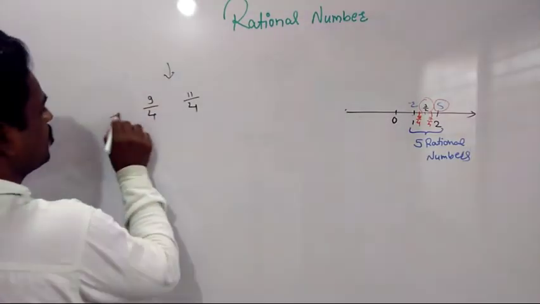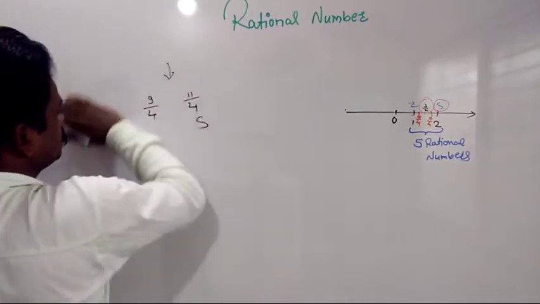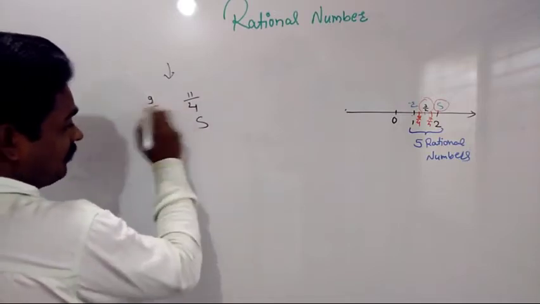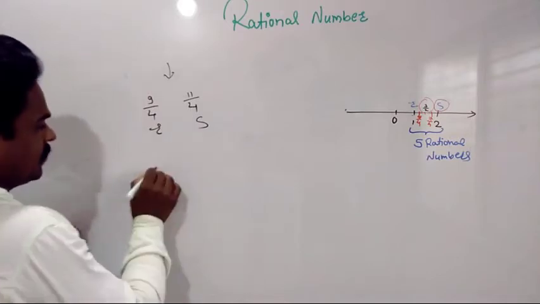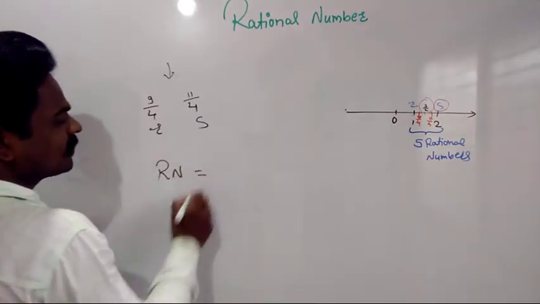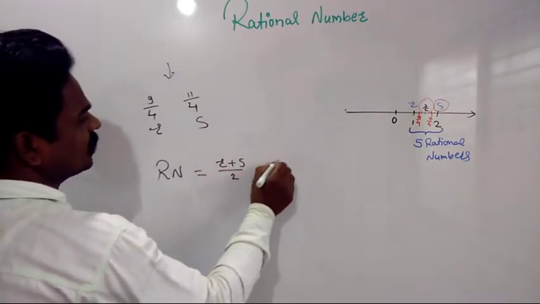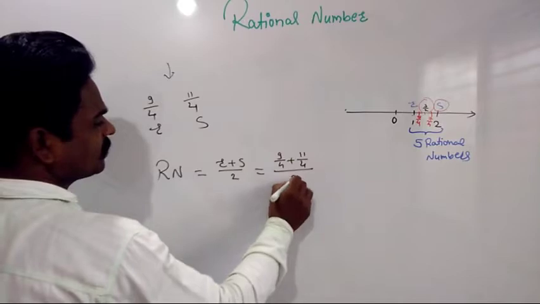So this is my R and this is my S. If we need to find a rational number in between these two numbers, what will we do? Rational number is equal to R plus S upon 2, which is equal to 9 by 4 plus 11 by 4 divided by 2.